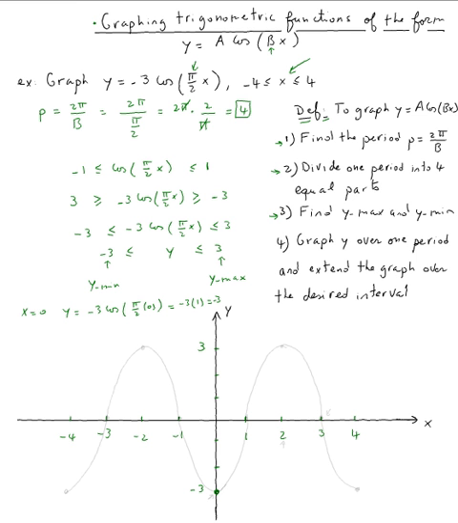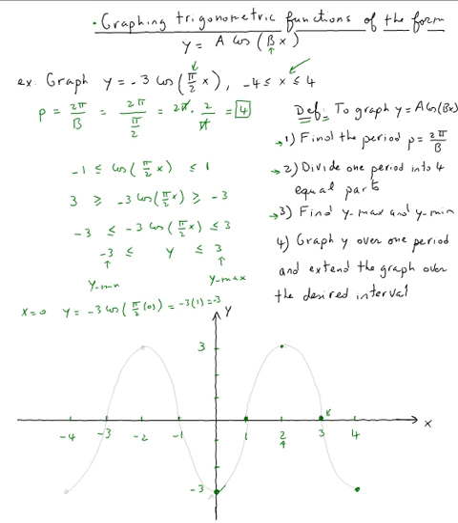Once you know the start, it's pretty easy. You know the next one has to go first to the x-axis, and then it's going to go back. For x equals 2, it has to go up. For x equals 3, it has to go down to the x-axis. And then for x equals 4, it has to go here.